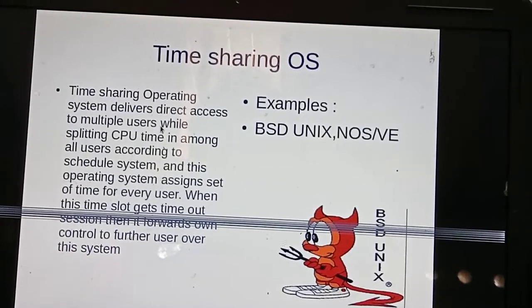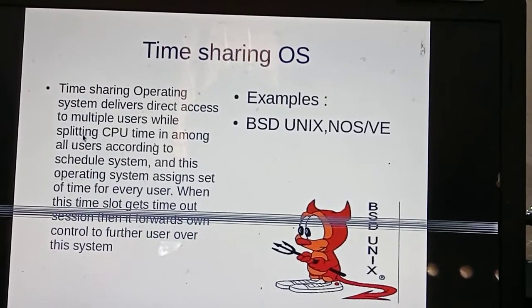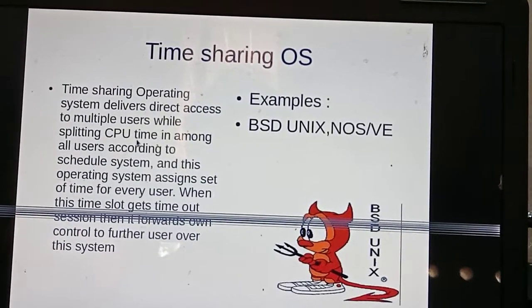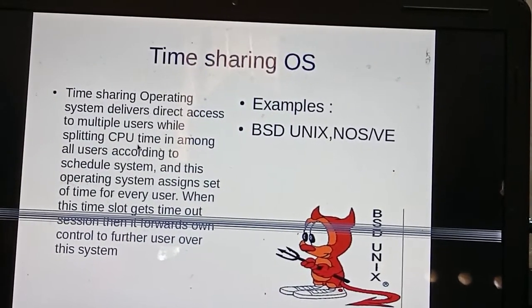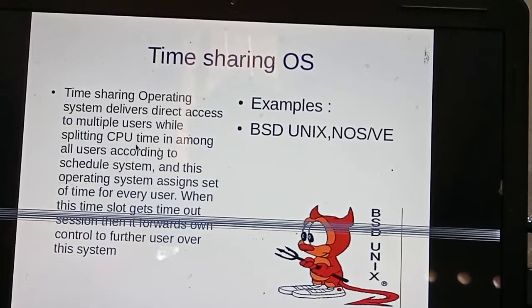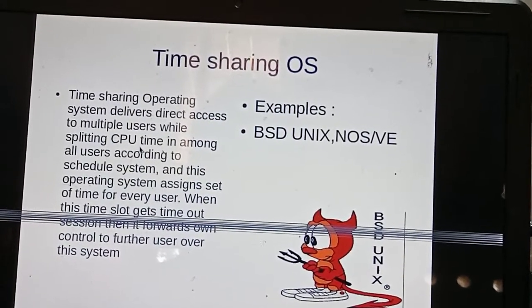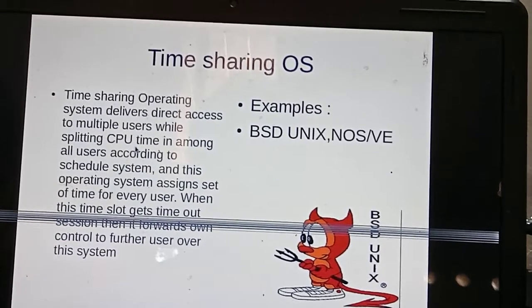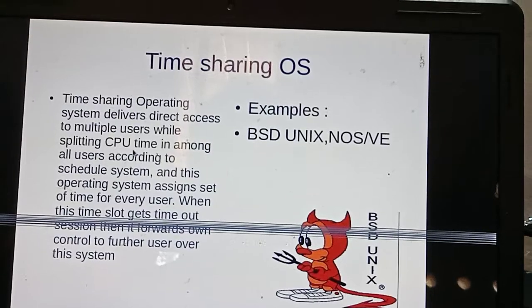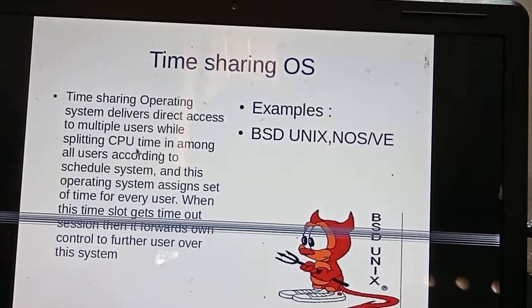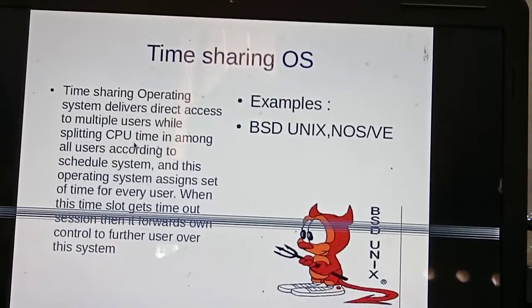Multi-users are allowed here, while splitting the CPU time. Splitting the CPU time means the CPU, the processor, splits the time. A certain time for the first user, then a certain interval for the second user, then a certain time for the third user. So this is the working of time sharing. That is, time is shared among the different users.